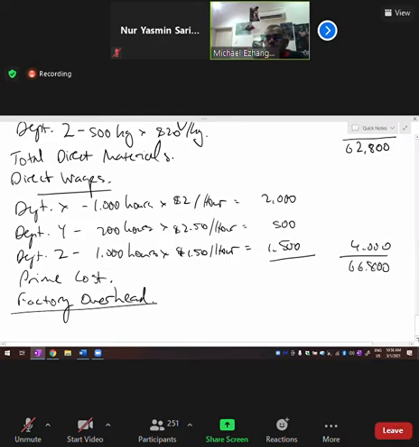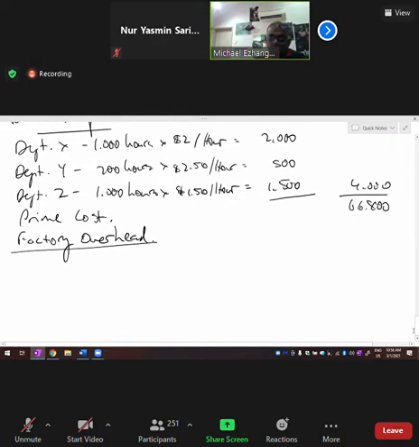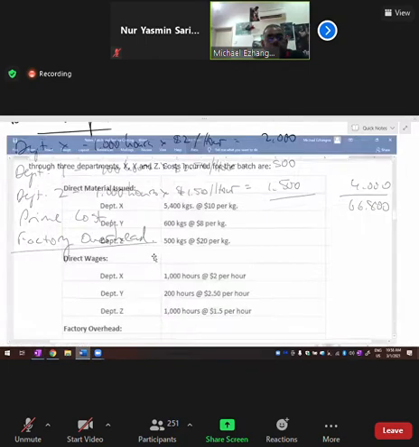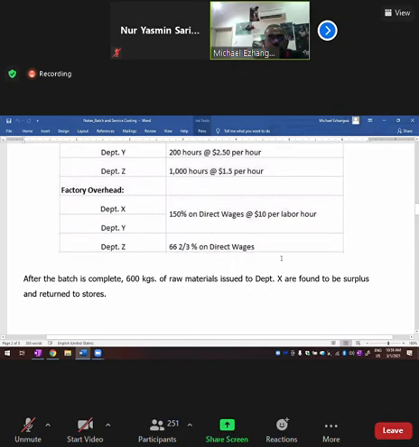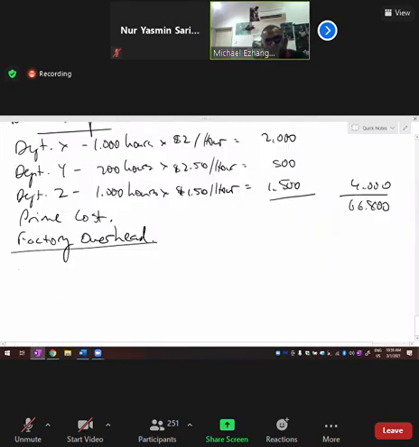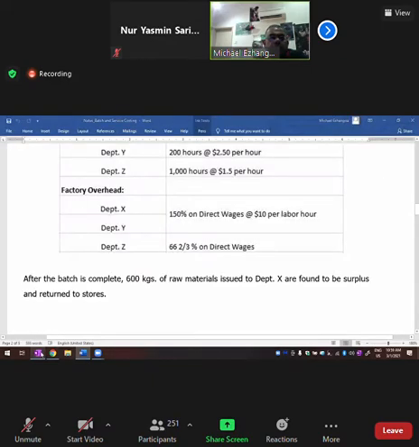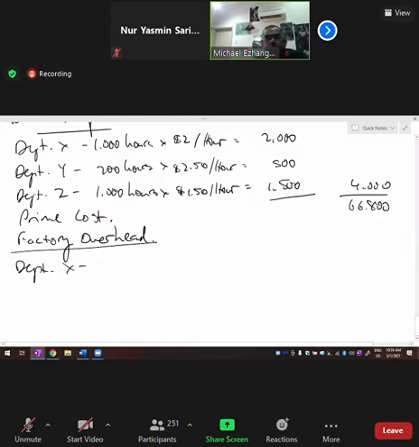Now, that will be based on each department. Department X is 150% of direct wages. So direct wages is $2,000 from up here times 150%, 1.5, that's 3,000.